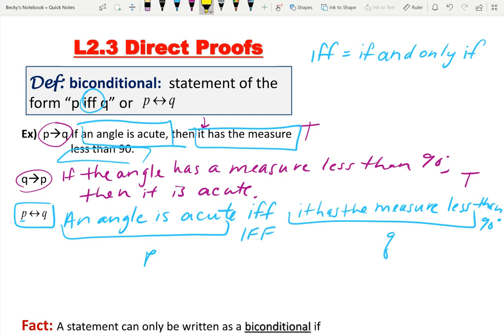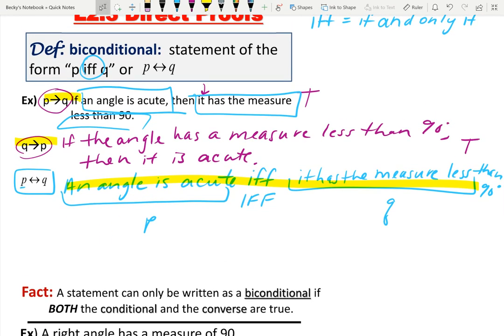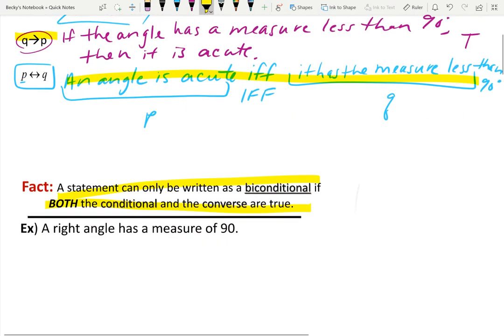Now, when you see this new notation, again, that's your clue that it's a good definition. It's true both ways, the conditional and its converse. So, a statement that can be written as a biconditional means both the conditional and the converse are true.